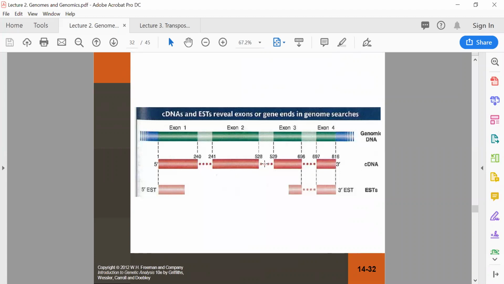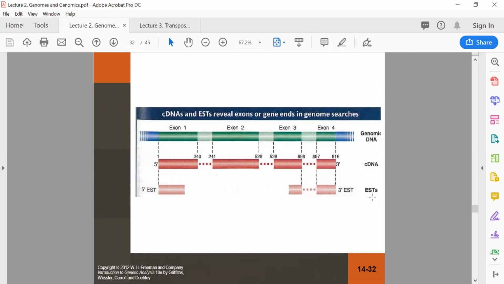The introns are missing because this cDNA has been copied from the messenger RNA, that processed messenger RNA, which has already had the introns spliced out. So imagine all these exons are actually joined together in the cDNA molecule.